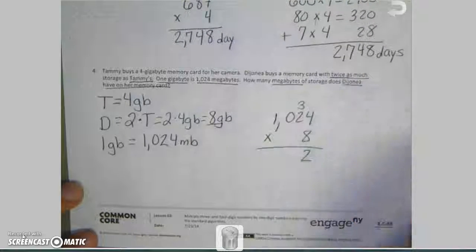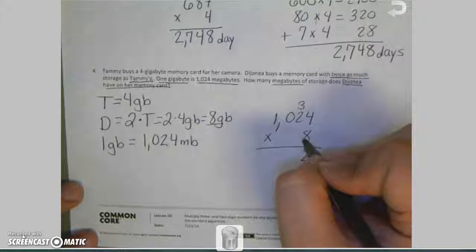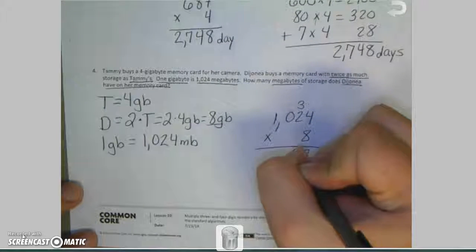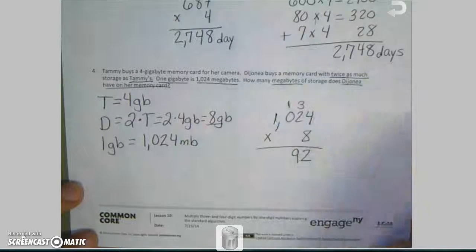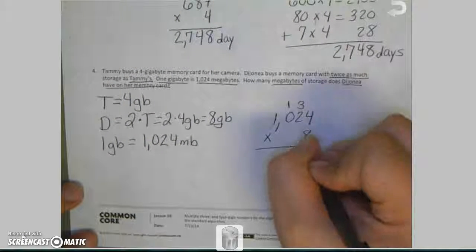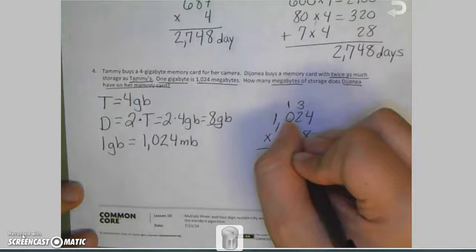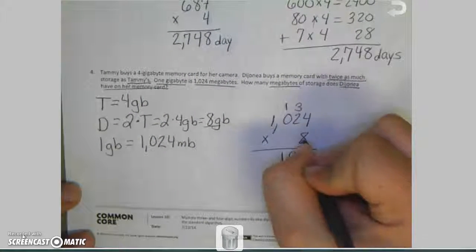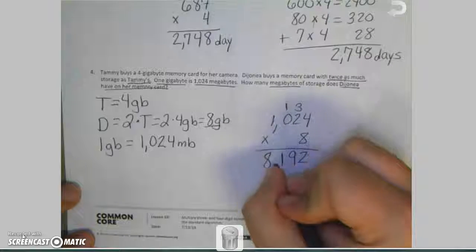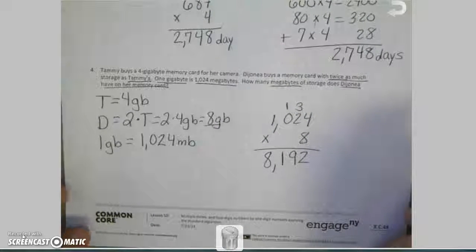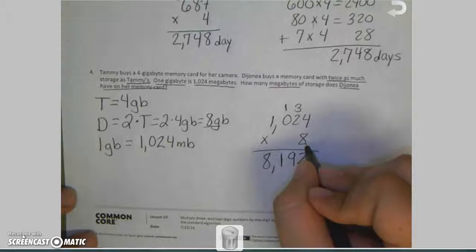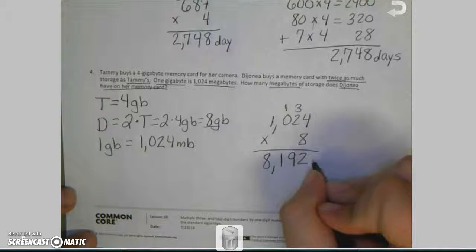So that's 2 ones, 3 tens. 2 tens times 8 is 16, plus 3 more tens gives me 19 tens, which is 9 tens and 1 hundred. 8 times no hundreds is 0, but I do have the extra 100 left, so that would just be 100. And 8 times 1,000 gives me 8,000. So 8 gigabytes would be equal to 8,192 megabytes.